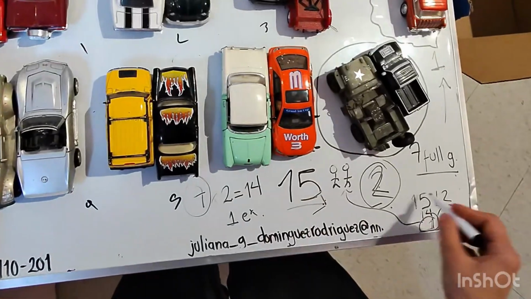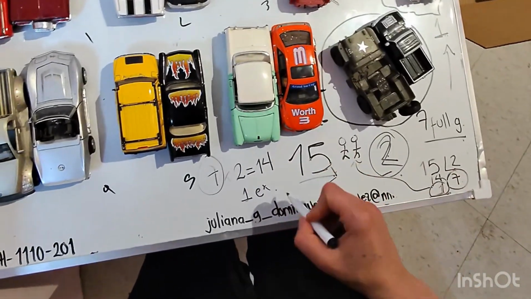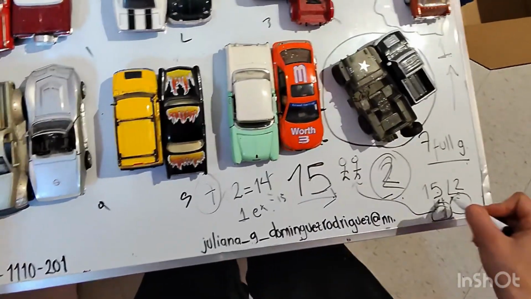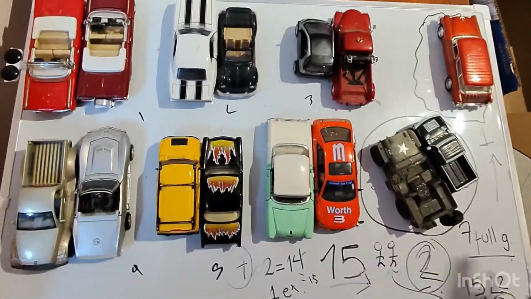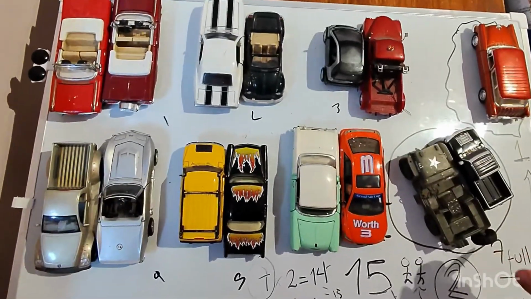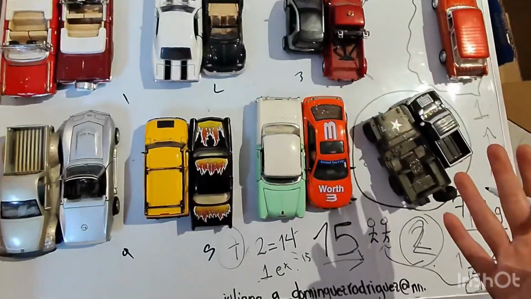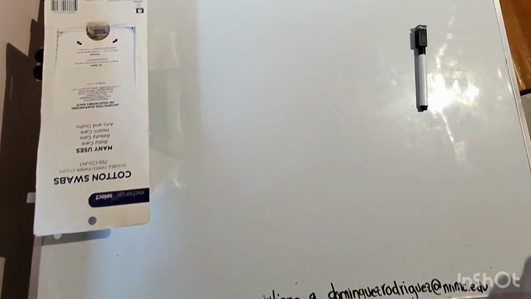We have 7 here, 7 here, 2, 2, 15, 15, 14, 14, 1, 1. The way you place the numbers represents whether you are making a multiplication or a division. Let's see another example.